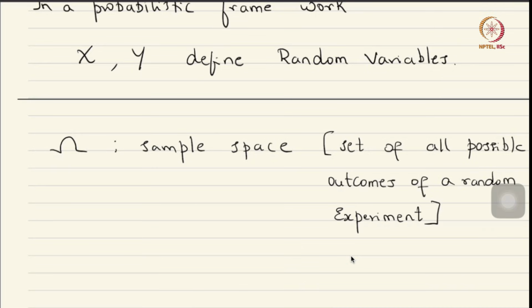Now don't ask me what randomness is, I don't know. We assume that there is a random experiment giving rise to some outcomes, and we collect all of those outcomes in the set. That's it.